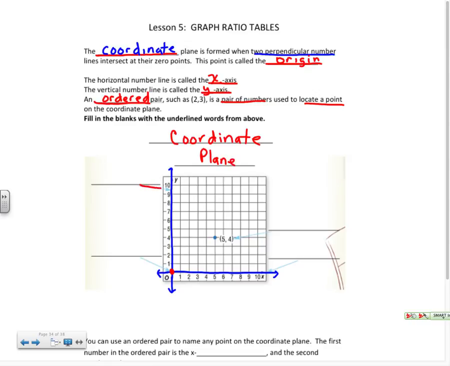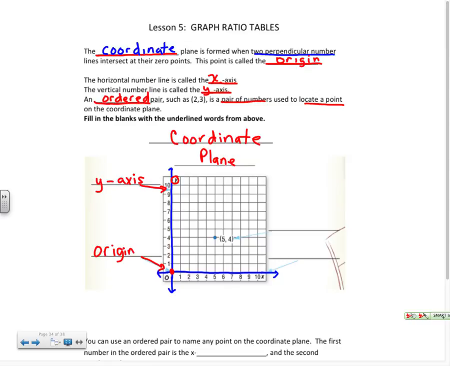This arrow here is pointing to one of the axes, and you can see the letter here. That's called the y-axis, and I said axes because I used it in a plural sentence. The arrow here is pointing to the origin, and remember the origin is formed when our two number lines are perpendicular.